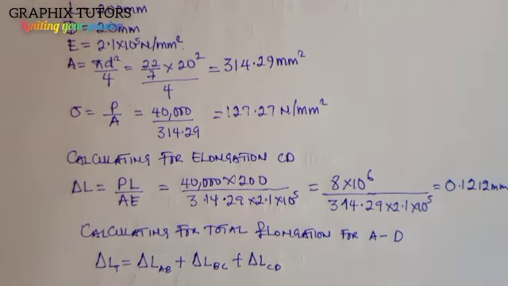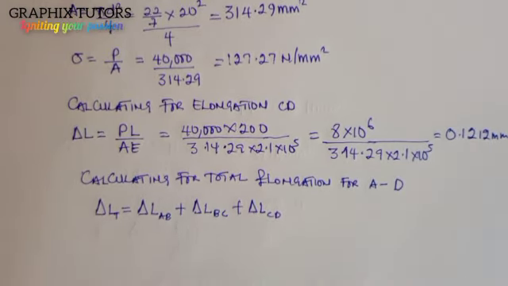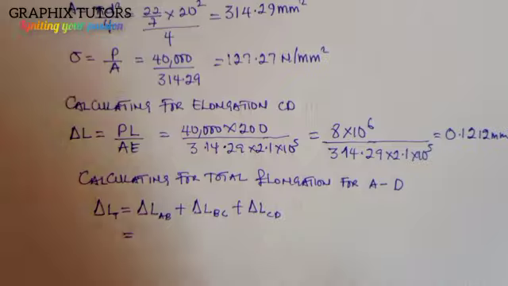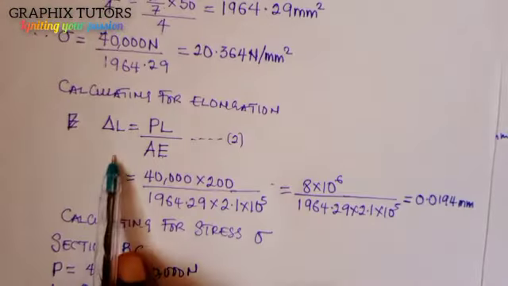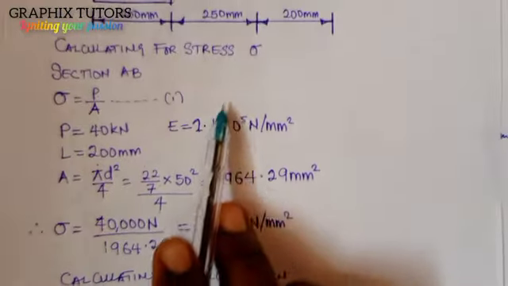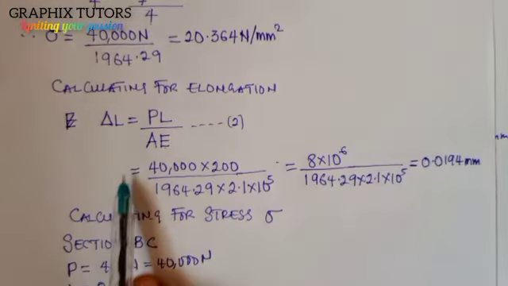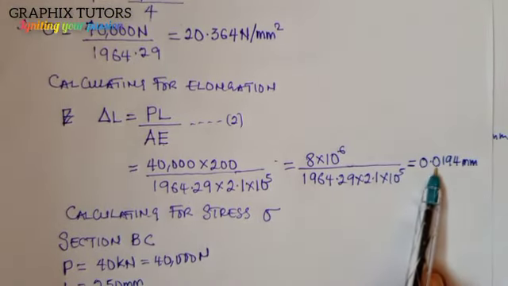So if I input my values here, we're going to have this. Elongation at AB calculated at the beginning is 0.0194.